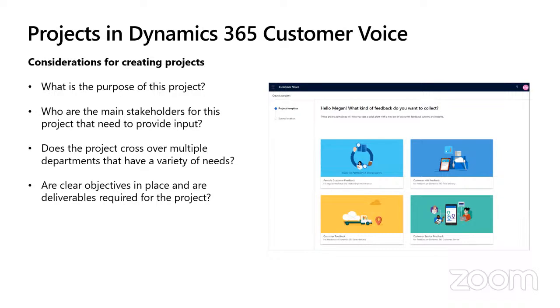And the reports contain your satisfaction metrics that cover all surveys within the project, and a response overview report that is created for each survey that is added to the project. So it's two things: the surveys themselves and the reports of each survey.